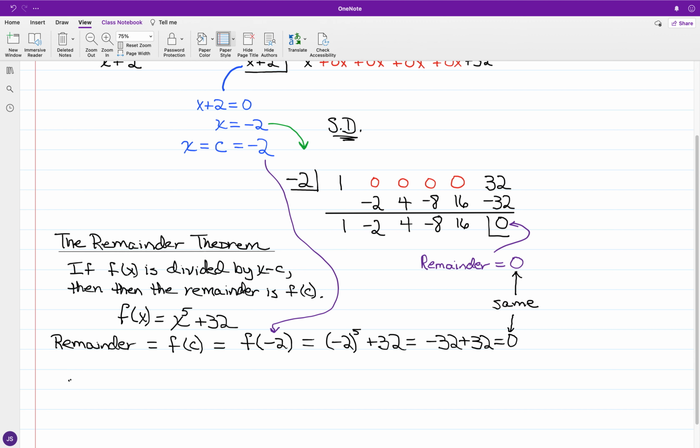You're going to have some missing degree terms in x. And for what we have in 36, now we have x to the 4th minus 81 divided by x plus 3.